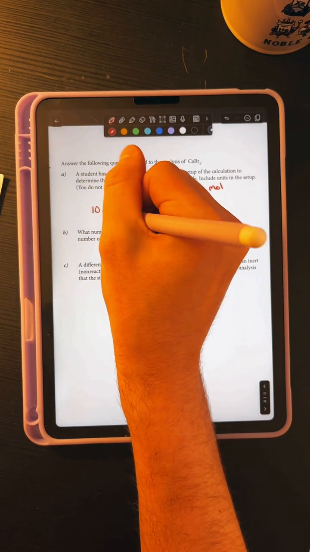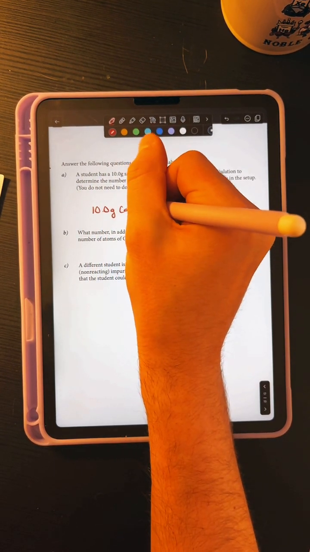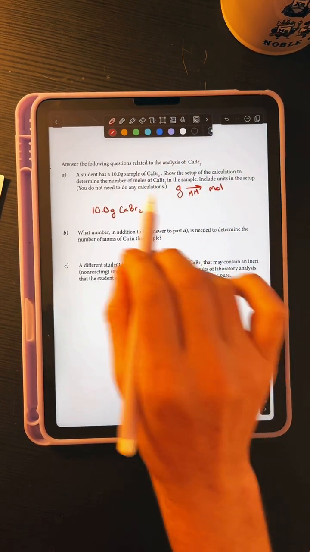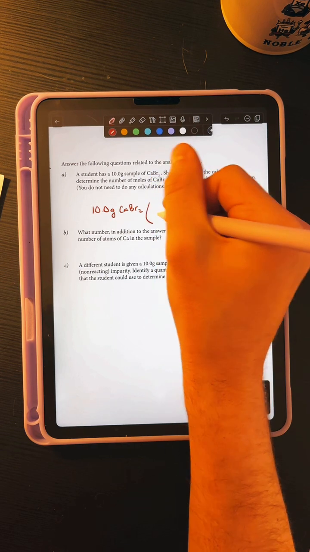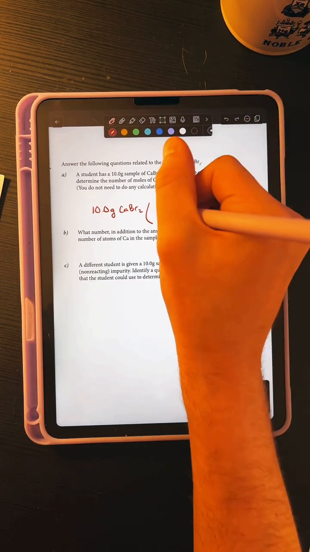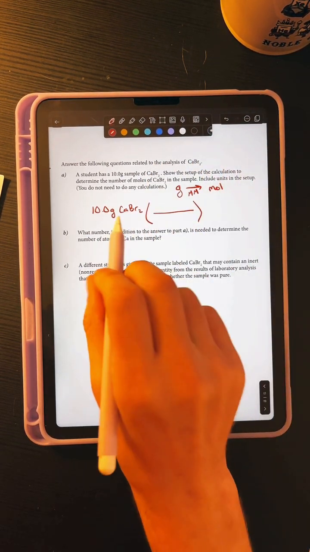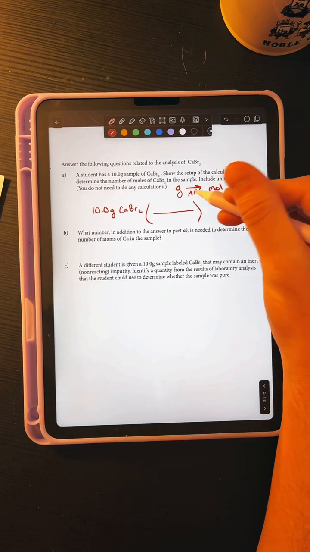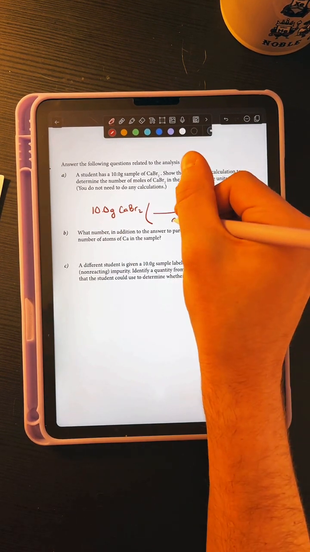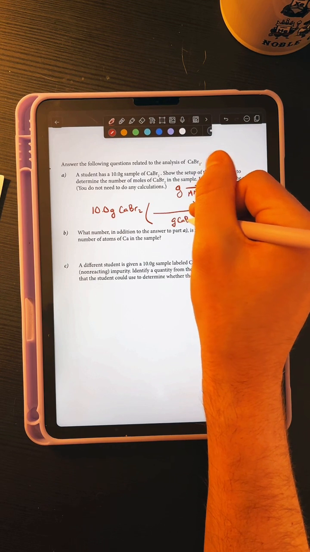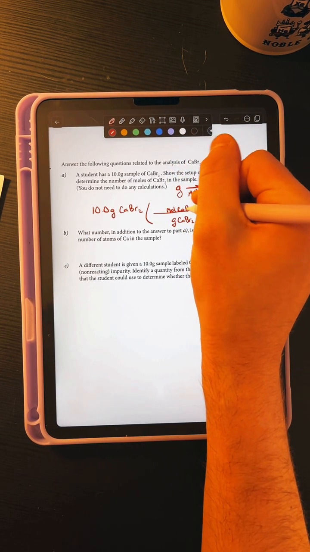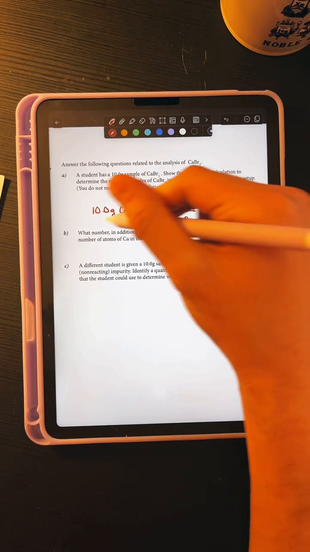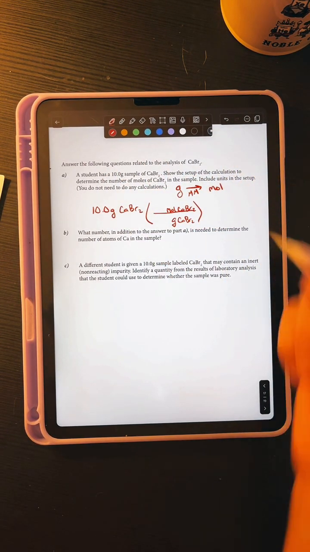We have 10.0 grams of CaBr2. Now it wants us to use units, so I'm going to make sure to include those units. So we have our units there. Now we want to go from grams into moles. So I'm going to cancel out grams of CaBr2 and go into moles of CaBr2. We are using the molar mass, so we're just canceling out units using dimensional analysis.